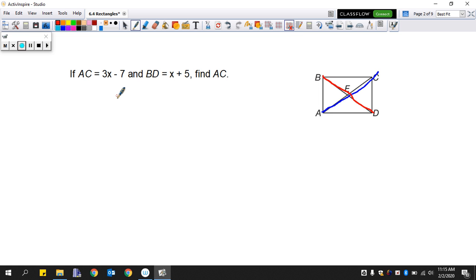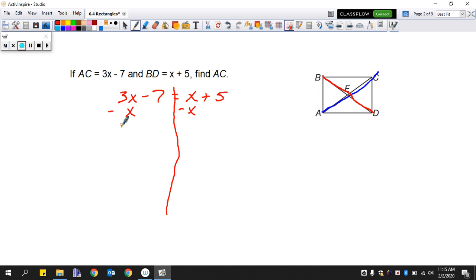So to find the length of AC, we solve for x and then plug it into the expression for AC, 3x minus 7, and that'll give us the length of AC. So 3x minus 7 is equal to x plus 5. We solve for x. We're going to subtract x from both sides.